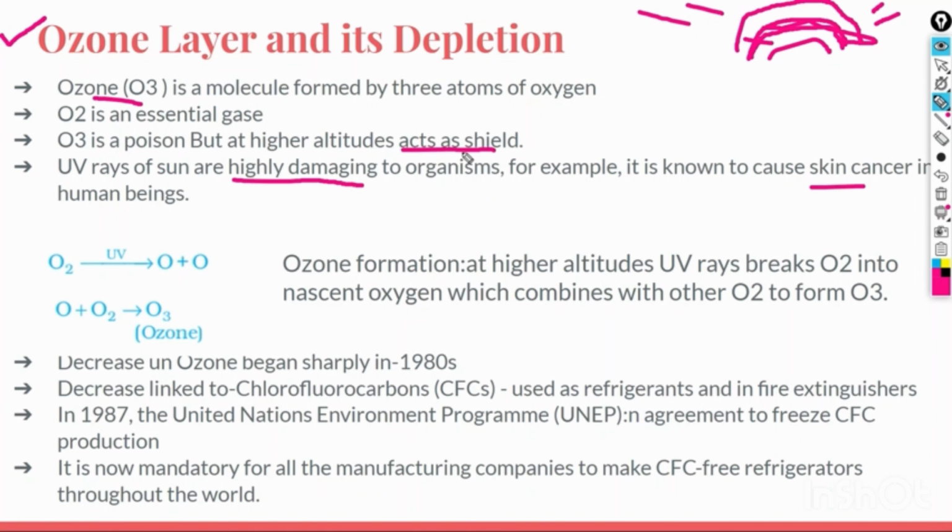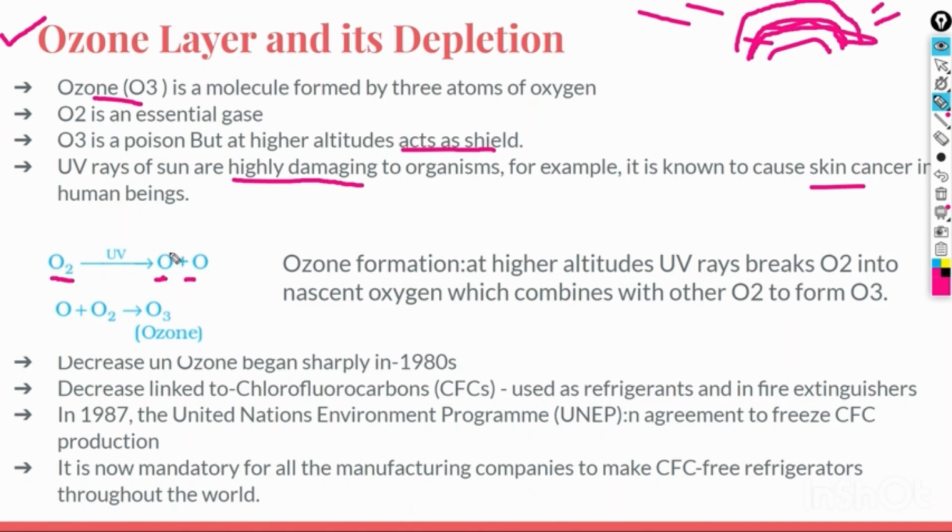Now how is this ozone forming? So naturally oxygen occurs as O2. Oxygen does not occur as O3 naturally. So with the help of UV, this oxygen present in the atmosphere is broken down into nascent oxygen. Nascent oxygen means two free atoms of oxygen.